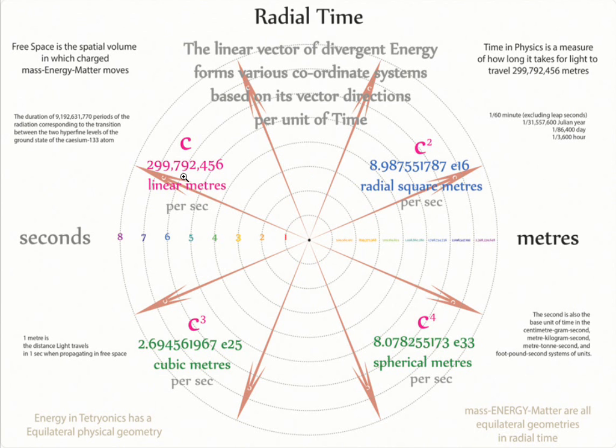Where you have photons, where you have two charges back to back to give a single photon frequency, you produce c squared because you have a bidirectional radiation of energy as opposed to charge. So in this case you'll have c by c, or c squared. Of course there's the Cartesian coordinates we've just mentioned and illustrated on the previous page, and they give us a coordinate system of c cubed, or cubic volumes.